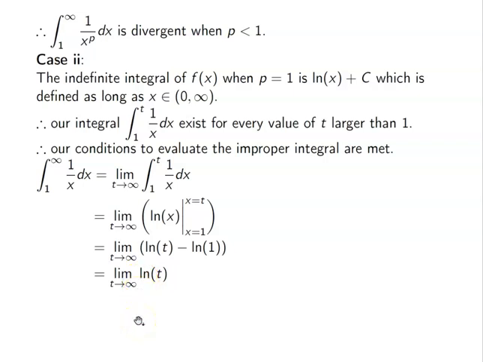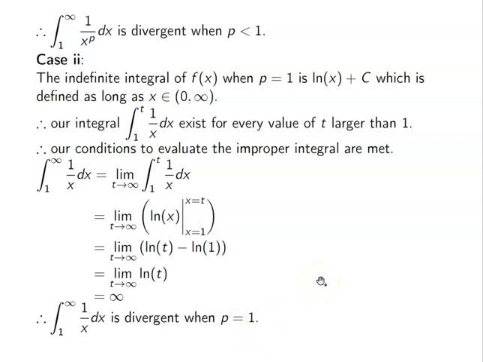And as t goes to infinity, the natural log of really, really large numbers continues to climb forever, very, very slowly, but it does climb. So the limit of natural log as it goes to infinity is also infinity. So when p equals 1, this is divergent as well.